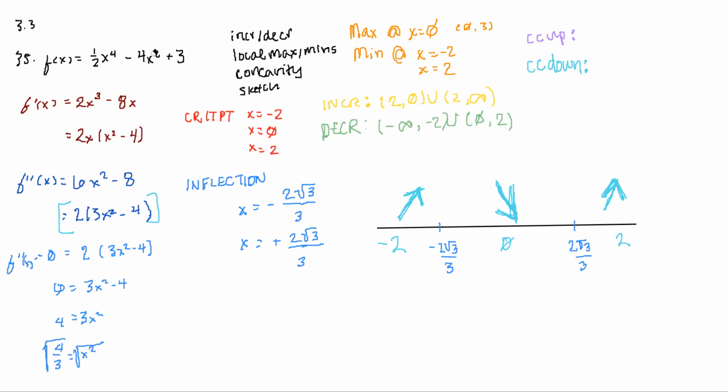So I'm concave up from negative infinity to negative 2 root 3 over 3, and then also from 2 root 3 over 3 to infinity. And then I'm concave down between negative 2 root 3 over 3 and 2 root 3 over 3. So here's where I'm concave down, and here is where I am concave up.